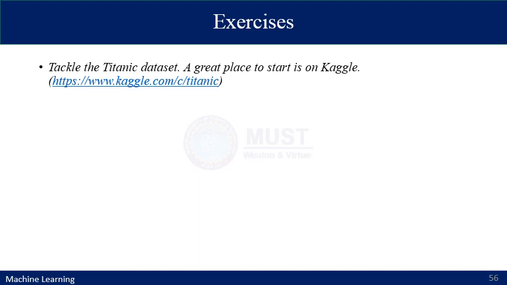The Titanic dataset is a dataset of the individuals who were on board the Titanic ship and the number of people who survived. You have to predict the survival chances based on their input feature vectors. So go onto Kaggle, follow this link, and tackle the Titanic dataset.